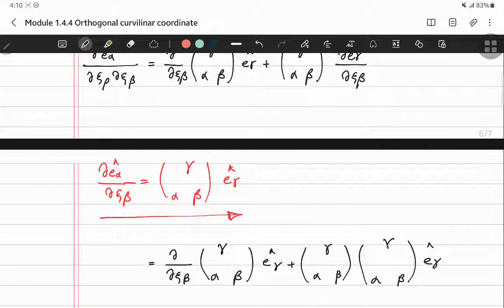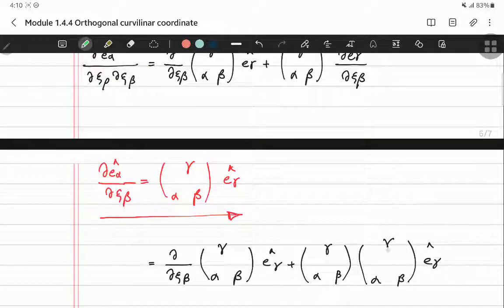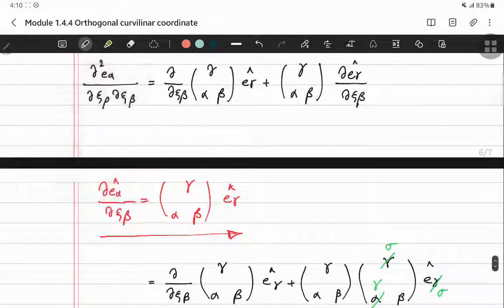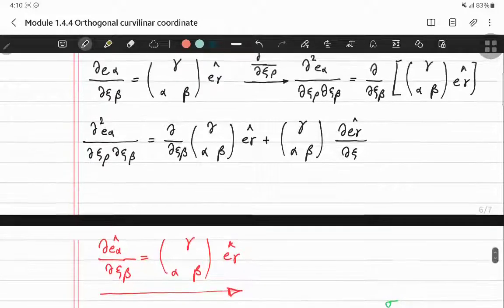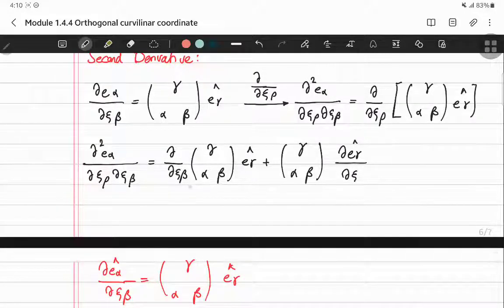However, I cannot put gamma alpha and beta here, so I have to change this to something like E sigma, and this is sigma. So I have gamma here, and then, sorry, I guess that this is not beta but rho. So let me see. Okay, this is rho, and this is rho.